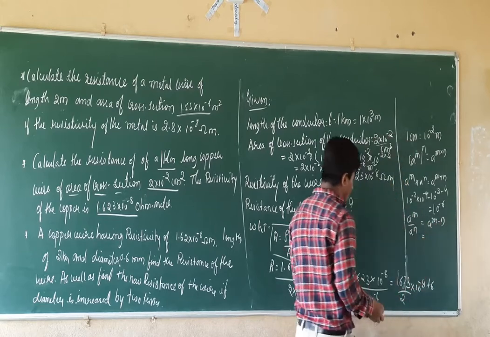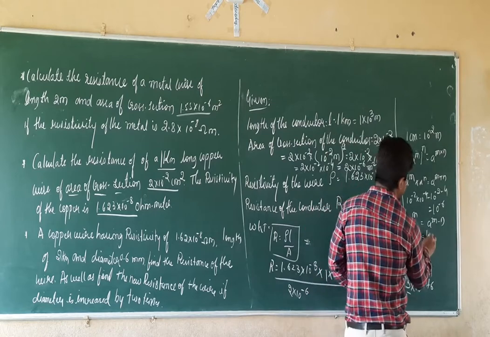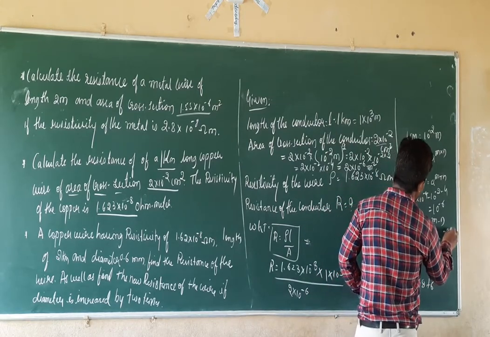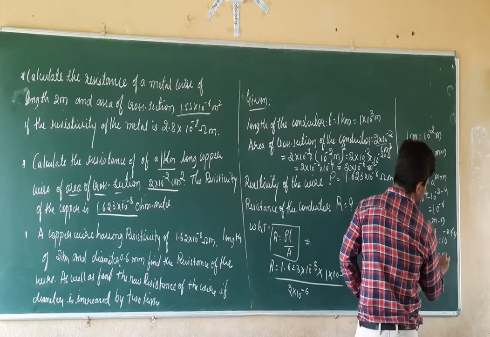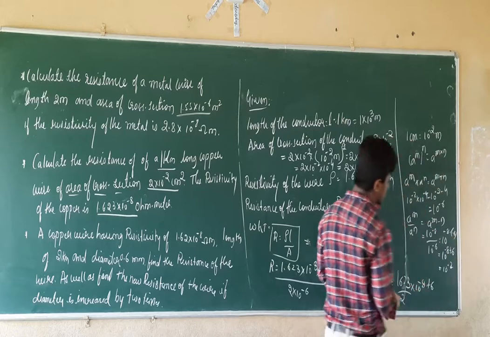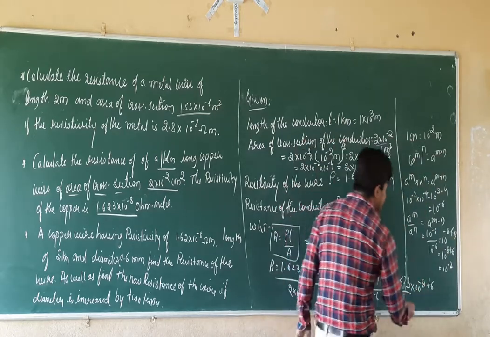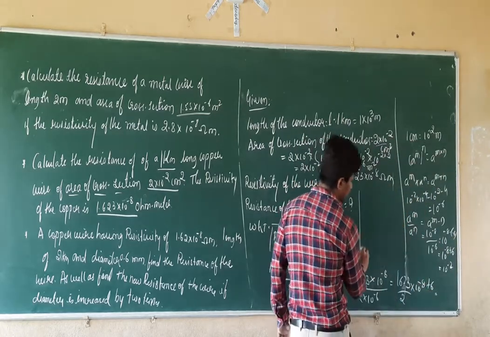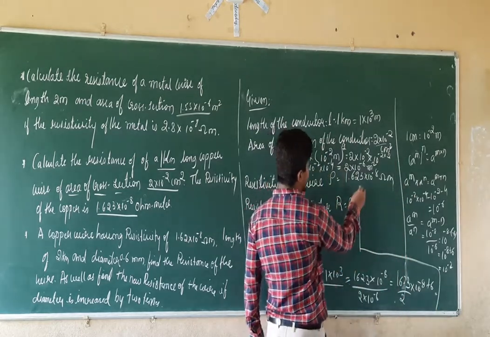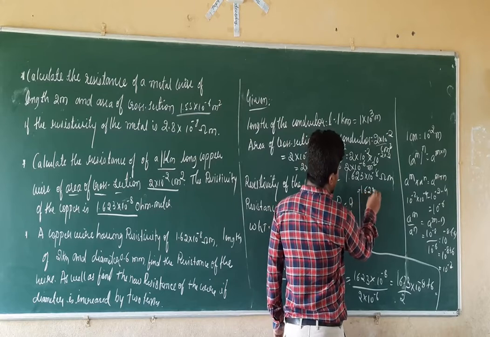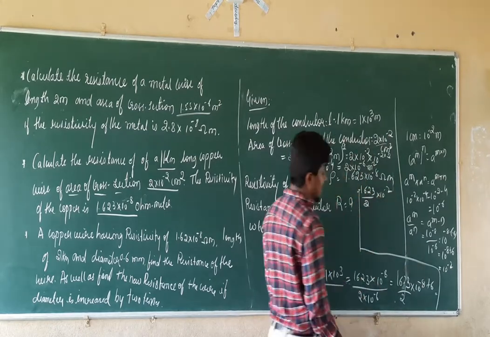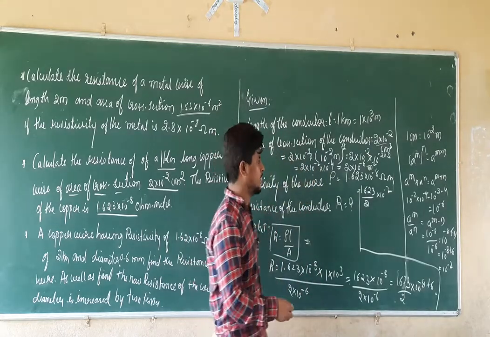So it will be 10 raised to minus 8 divided by 10 raised to minus 6, which is equal to 10 raised to minus 8 minus in the bracket minus 6, which is equal to 10 raised to minus 8 plus 6, which is equal to 10 raised to minus 2. So we can write it as 1623 divided by 2 into 10 raised to minus 2.